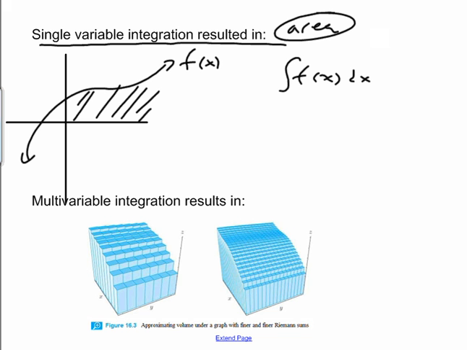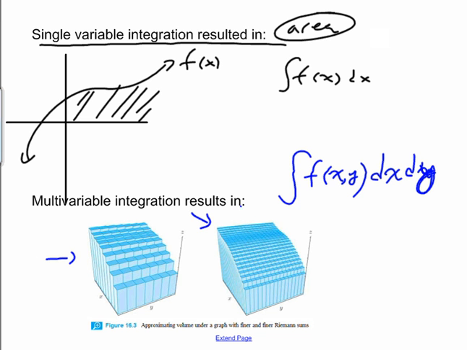Likewise, when we integrate two variables, so we have some function that depends on x and y, and we're going to integrate it with respect to x and with respect to y, this is going to result in, as we can see from these pictures here, volume.